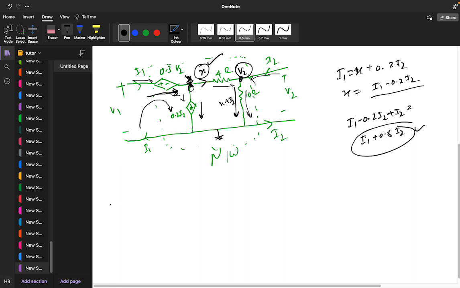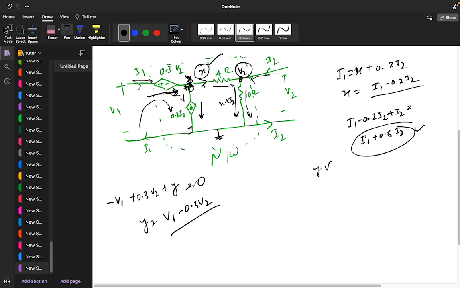If you apply the KVL, what will you get? Minus v1 plus 0.3 v2 plus y, because we are taking this as a plus minus y voltage, overall voltage, equals 0. So what is the value of y? We get y equals v1 minus 0.3 v2.